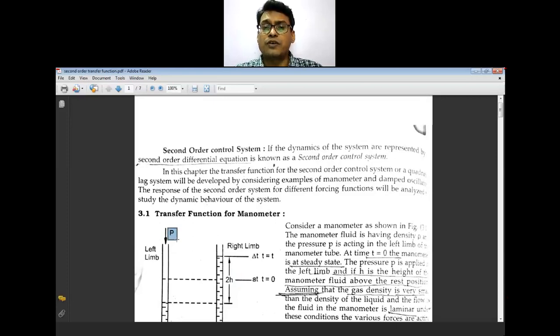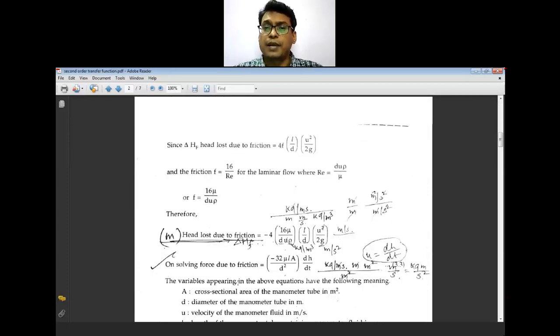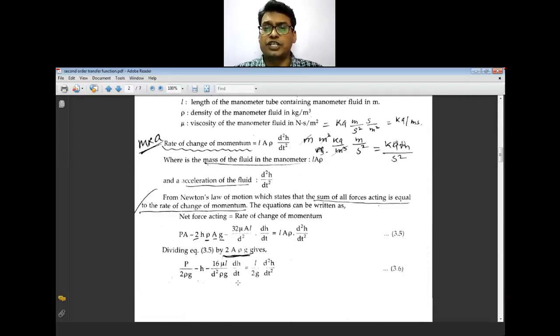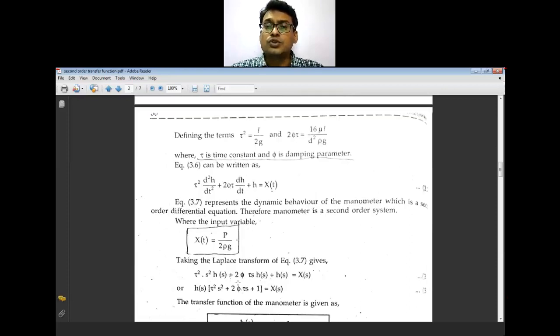So there must be a certain relationship between the input and the output, that is your transfer function: the Laplace transform of the output deviation variable to the Laplace transform of the input deviation variable. The output is your height and the input is your pressure, represented in terms of x of t, that is P upon 2 rho g.